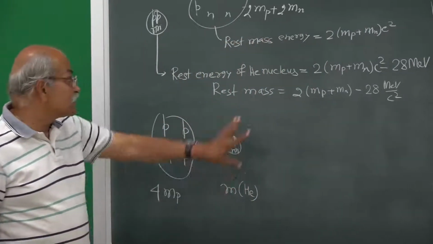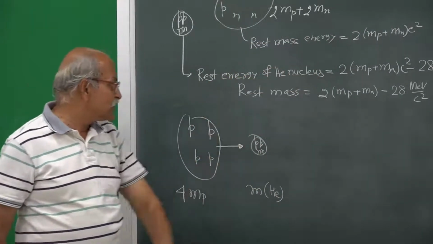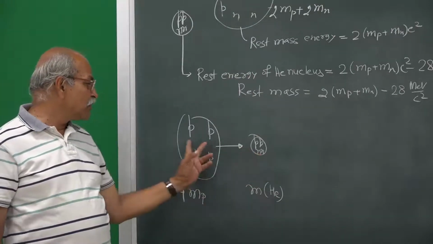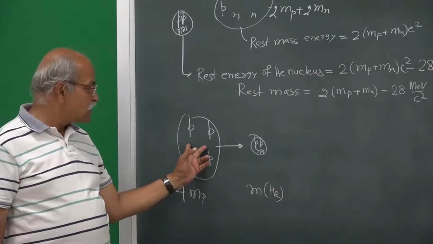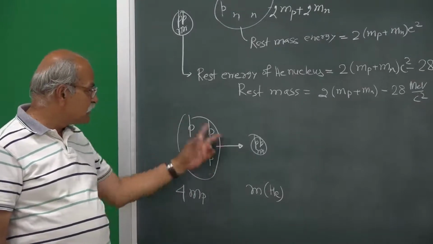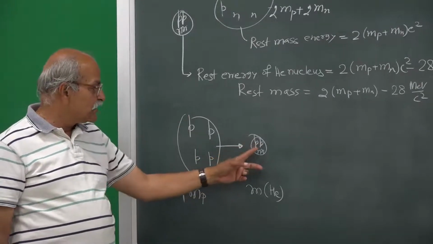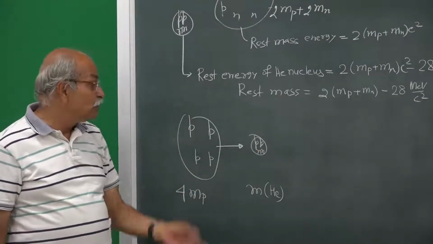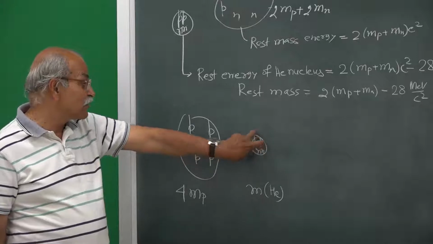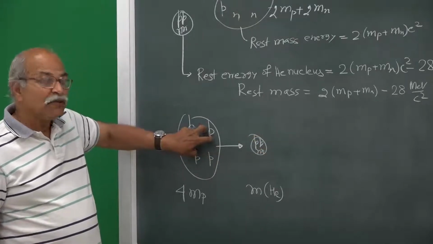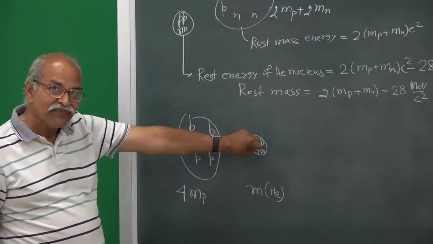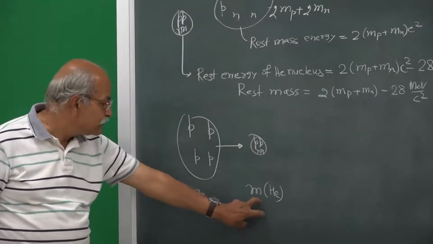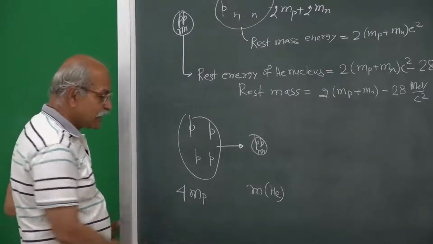So, if I just do not look at all these things, I would believe that this rest mass is more than this rest mass, because here you have all 4 protons and here you have 2 protons and 2 neutrons, and neutrons are heavier than protons. You may think this rest mass is more than this one, but no, because of the bonding, this rest mass is less than this rest mass.